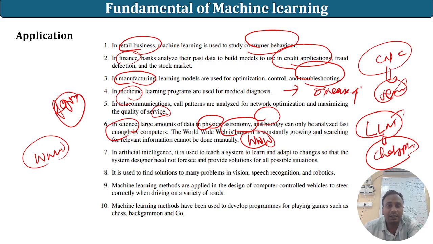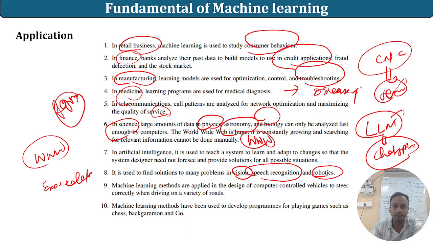Then we have artificial intelligence, something to learn or mimic human participants, or to find solutions to many problems in vision, speech recognition, or robotics. Even, I'll say, the exoskeleton or maybe prosthetics in the field of biomedical engineering. We also have medical reports.